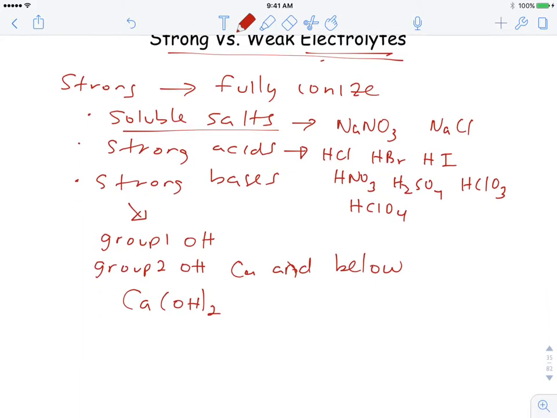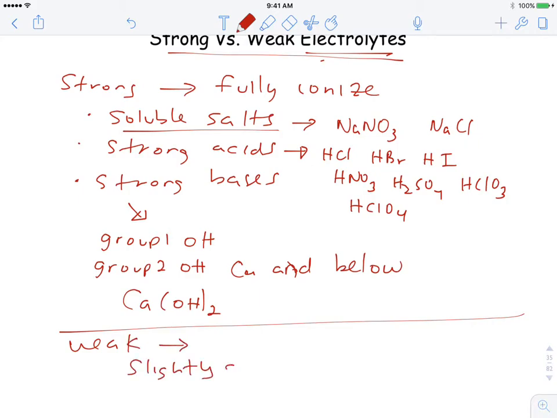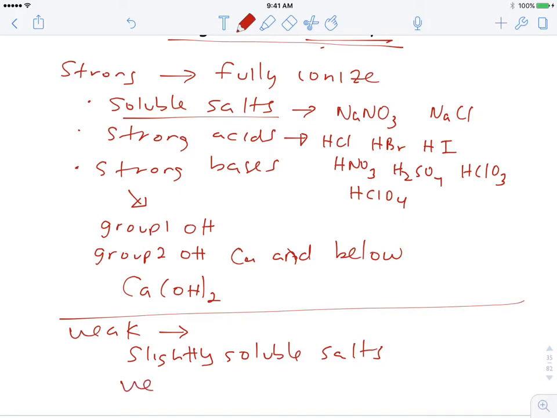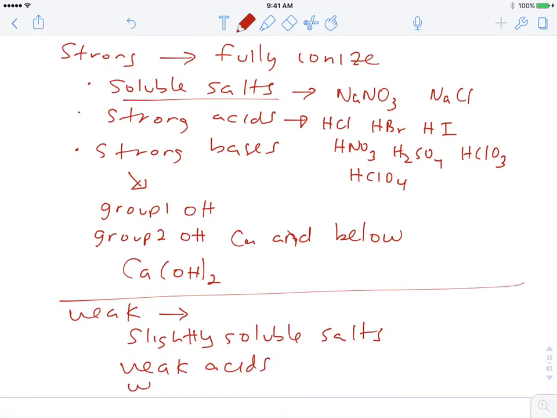The weak electrolytes are slightly soluble salts, weak acids, and weak bases. So see if you can list 2 weak acids and 2 weak bases that would fall under this category.